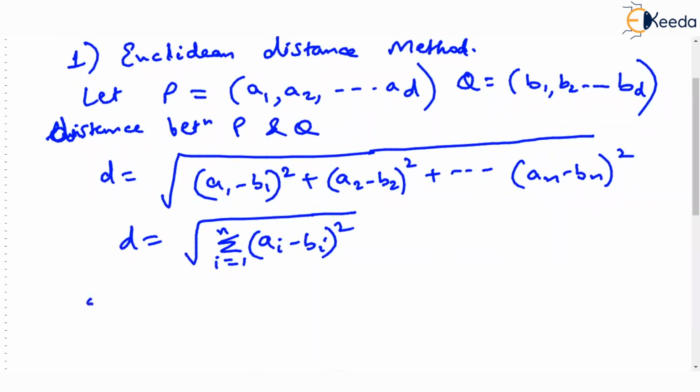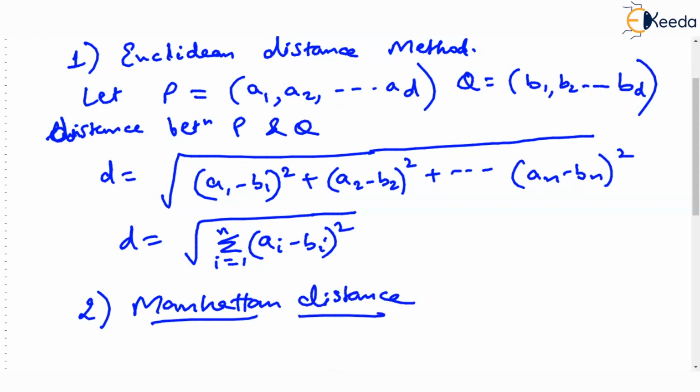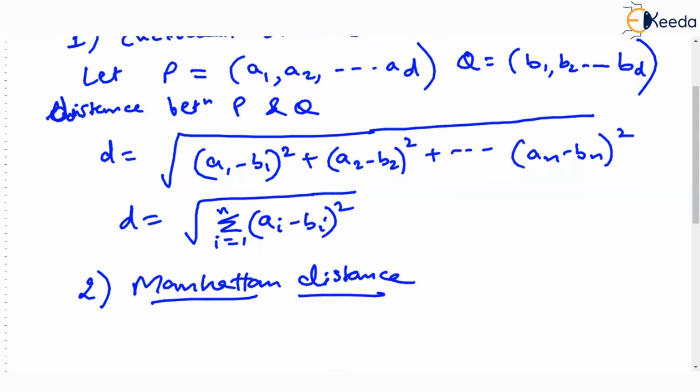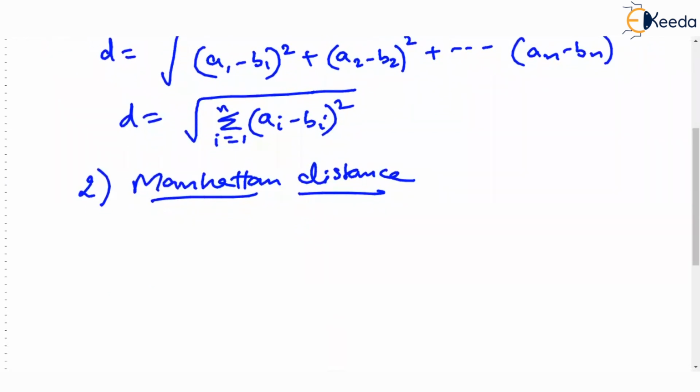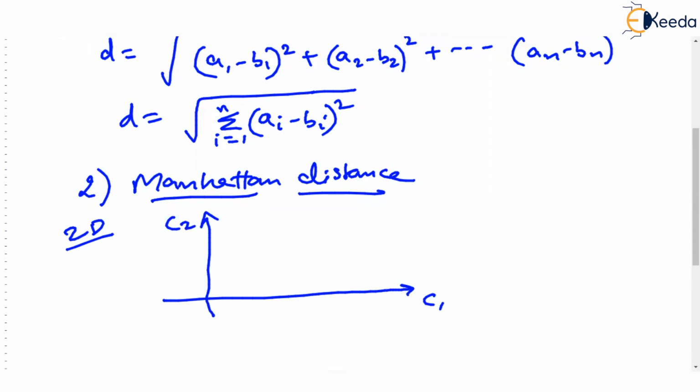Now, the second way of finding distance is called Manhattan distance. To understand Manhattan distance, let's use 2D geometry again. Let's say we have the first feature C1, the second feature C2, and we have a point like this.